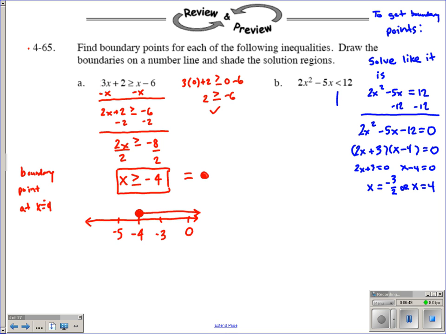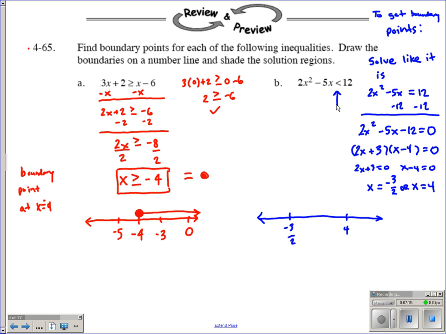Now, remember, this does not contain an equal sign, which means when we put our boundary points on our number line here, we are going to put our one that's less, negative 3 halves, on the left. 4 is more, so it needs to be on the right side.